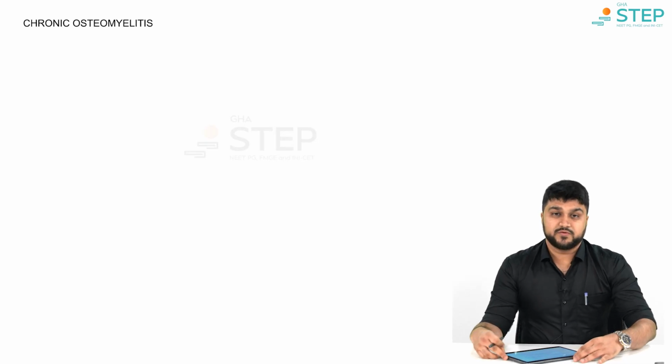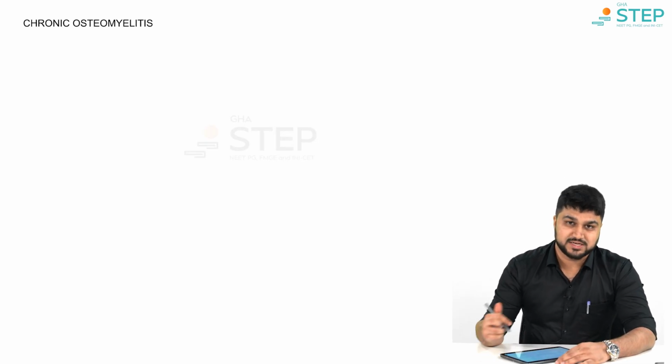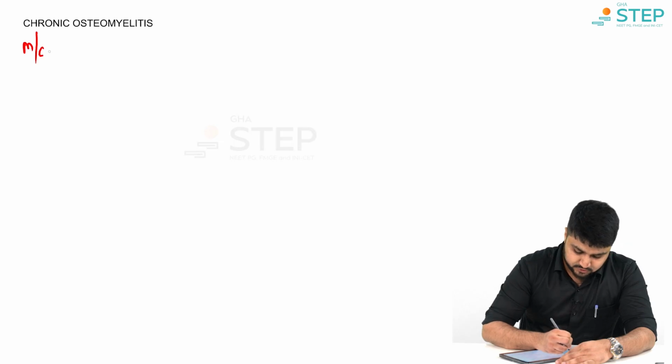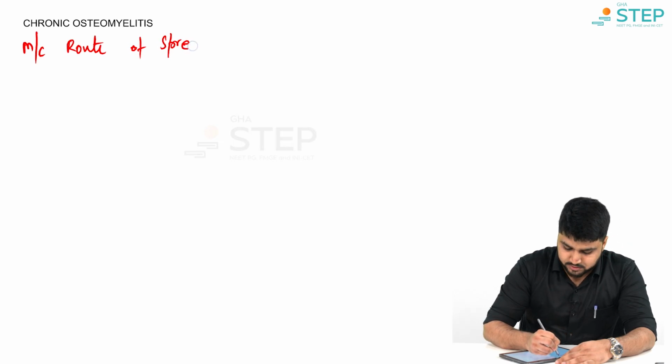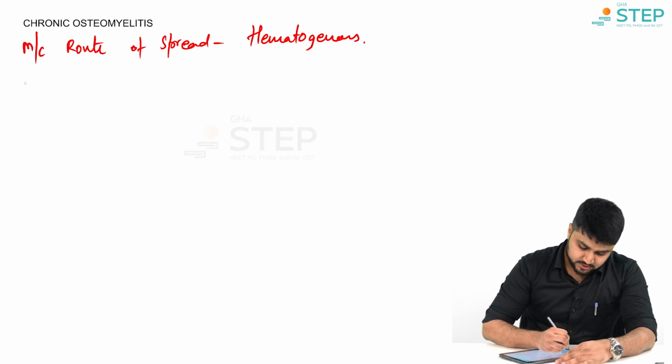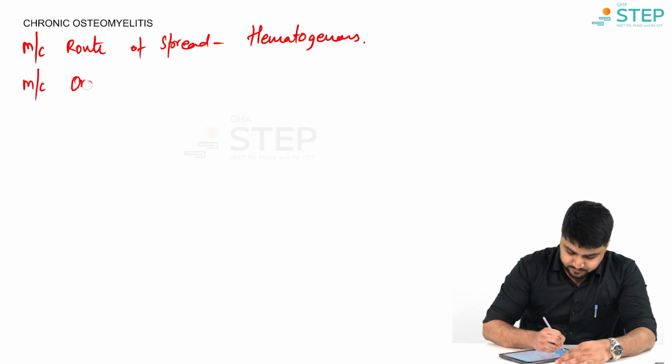So let's go over a few important most commonly asked questions in chronic osteomyelitis. So the first thing is the most common route of spread. Most common route of spread is hematogenous. The most common organism.